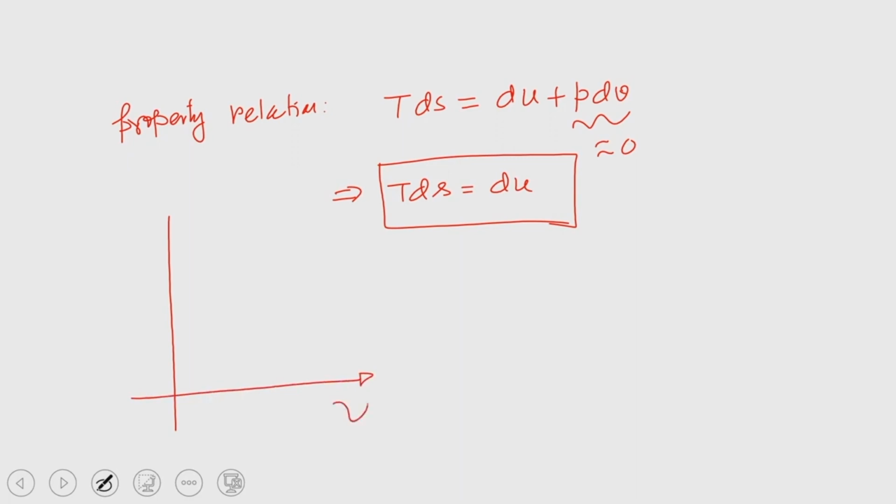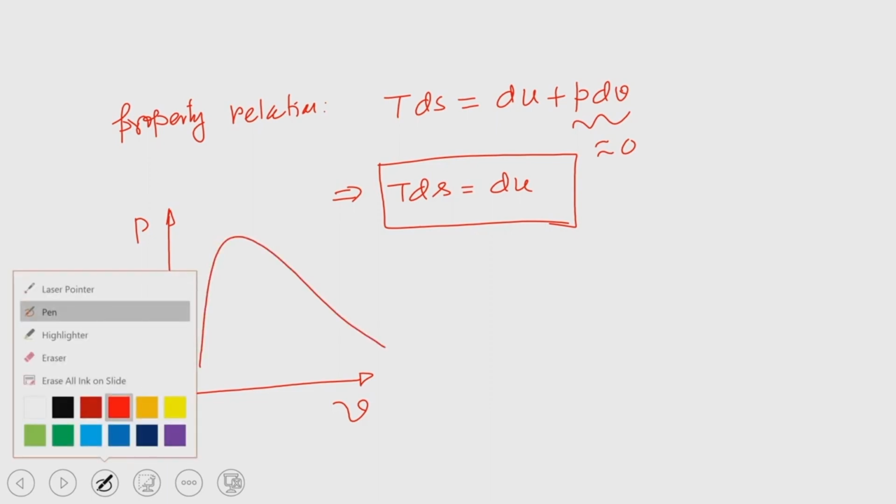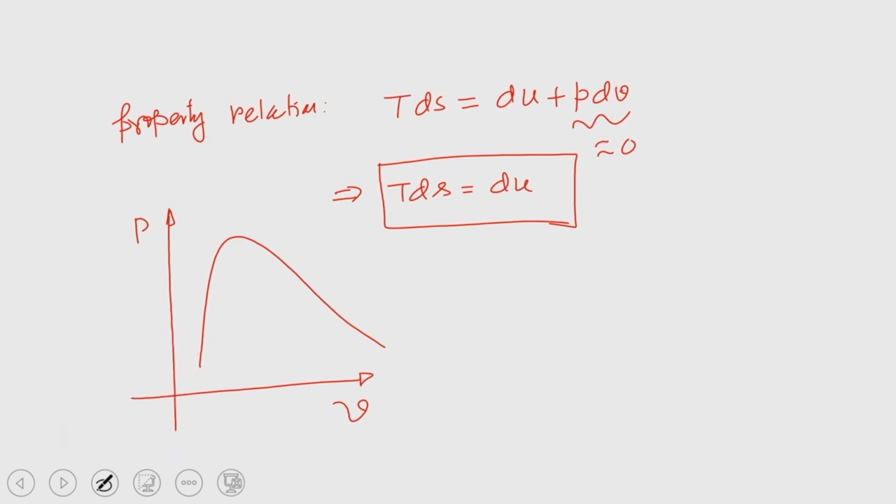So, if it is volume and pressure, this is a reversible constant volume process. I am using a different color. Say this is T equal to T1 and this is T equal to T2.